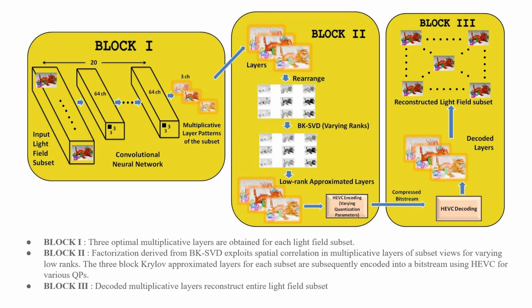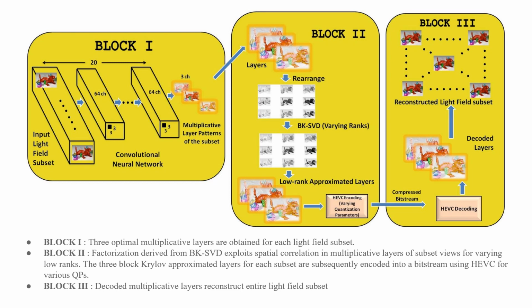In block 2, the intrinsic redundancy which is present in the subset views is removed by exploiting the hidden low rank structure of the multiplicative layers, and this is done on the Krylov subspace for various ranks.